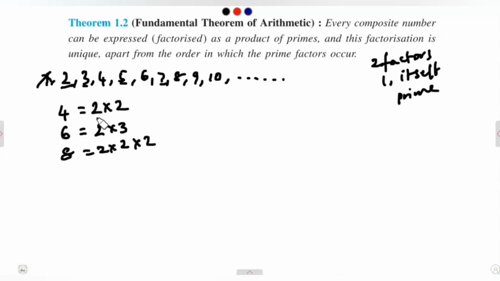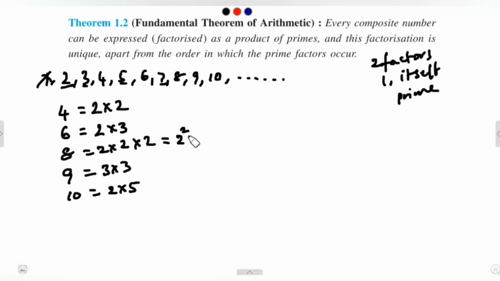Observe that the factors we are taking are all prime numbers. Similarly, 9 can be written as 3 into 3, and 10 as 2 into 5. So every composite number can be expressed as a product of primes.